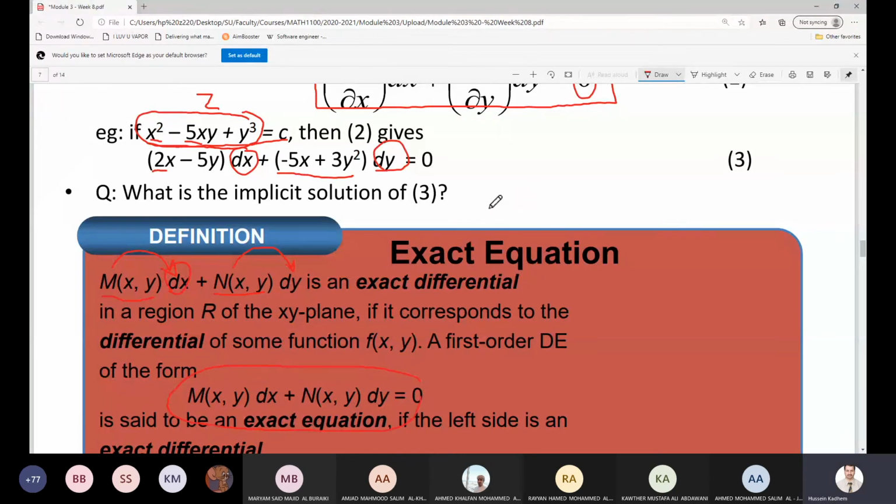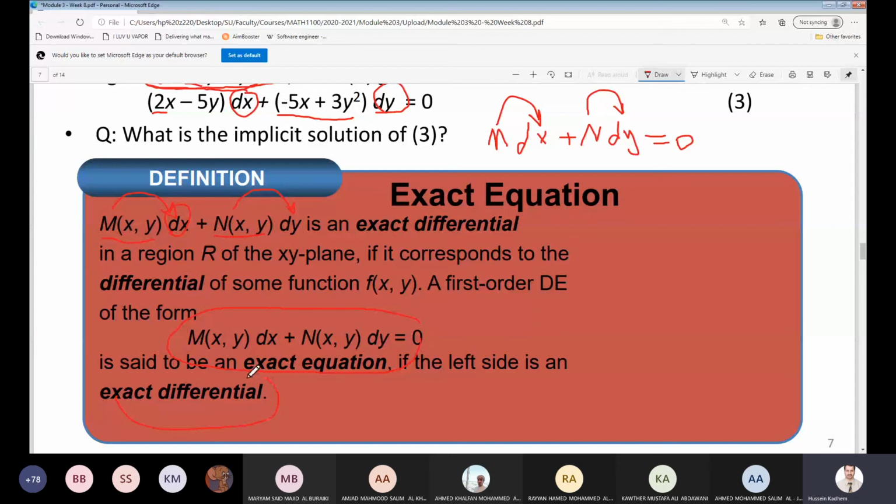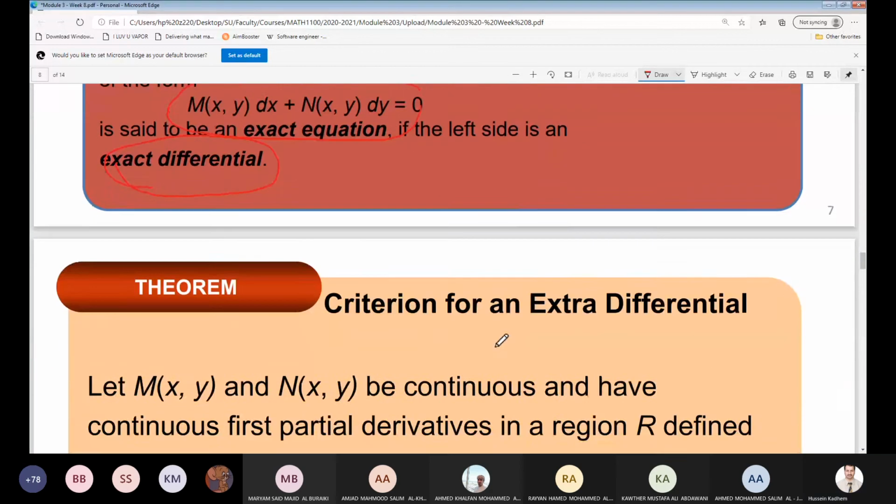Or if I want to make it very simple, I will say M dx plus N dy equals 0. M is the dx parameter or element. N is the dy parameter. This is what we call exact differential equation.